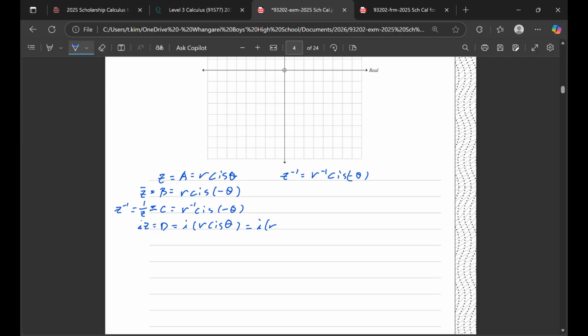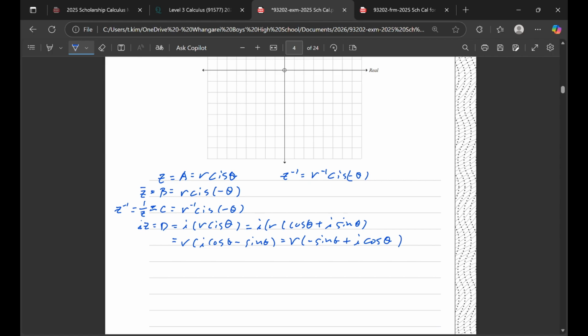So I'm trying to change this to rectangular form: cosine theta plus i sine theta. When I multiply by i inside, that's r times i cosine theta minus sine theta, which is r times minus sine theta plus i cosine theta.